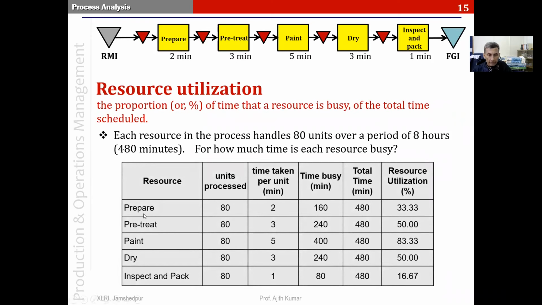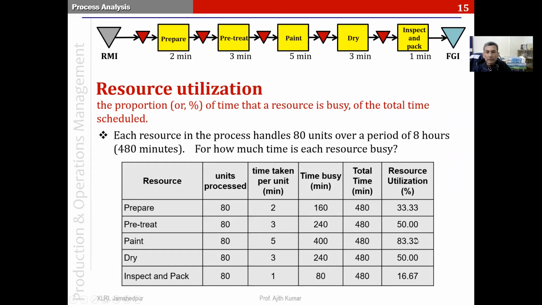You can see here the prepare resource processes 80 units in those 8 hours, taking 2 minutes per unit, and therefore it's busy for 160 minutes out of that 480 minutes. Its utilization is 160 by 480 into 100, which is 33.33%. Similarly, the pre-treat resource is busy for 80 into 3, or 240 minutes out of the 480 minutes, which means its utilization is 50%.